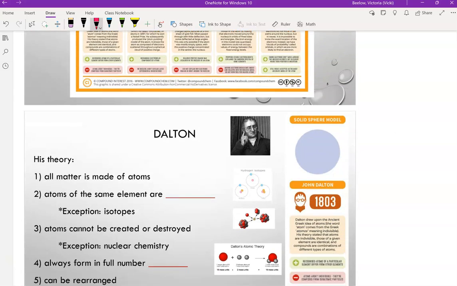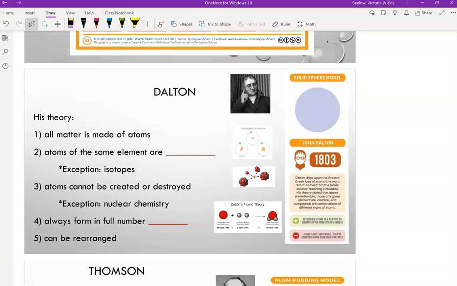So we're going to start way back when, in the 1800s, when people were first starting to think about this. So, John Dalton first started thinking about, well, what is everything made of? There has to be something that is indivisible, meaning it can't be divided anymore, that makes up the stuff in our world and our universe.